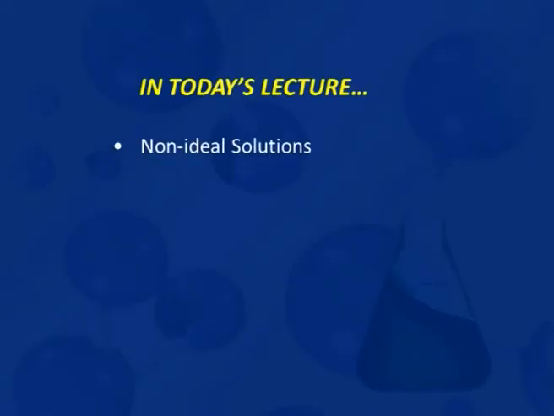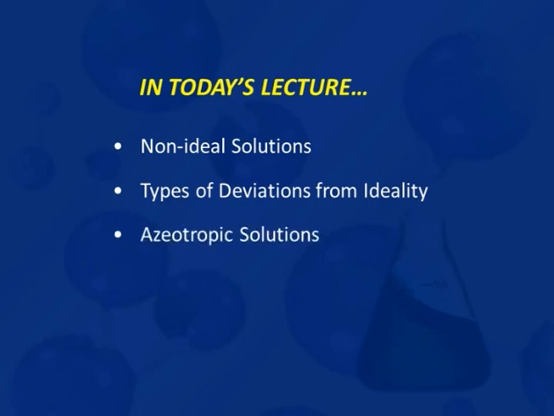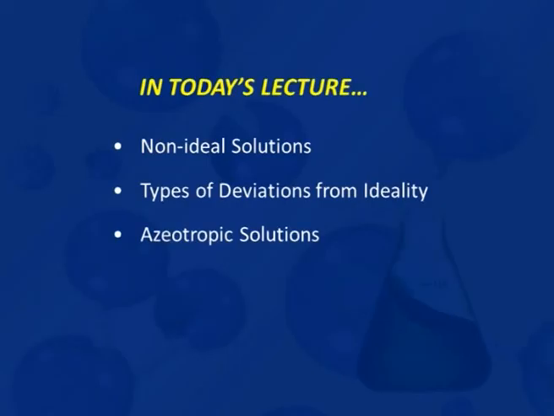In today's lecture, we discussed non-ideal solutions and types of deviations from ideality. There are two types of deviations, positive deviation and negative deviation. We also discussed azeotropic solutions. There are two types of azeotropic solutions: azeotropic solutions with minimum boiling point and azeotropic solutions with maximum boiling point.